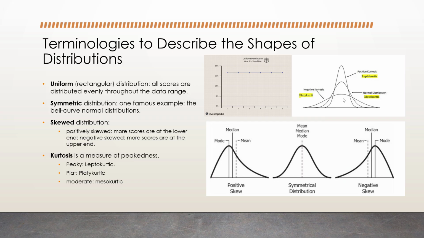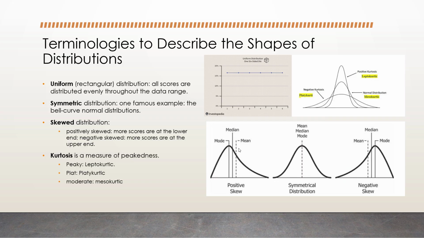A normal distribution, which you might know as the normal curve, is symmetric about the mean and shaped like a classic bell curve. When a distribution is not symmetric, it's skewed.